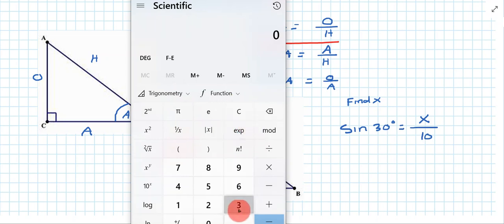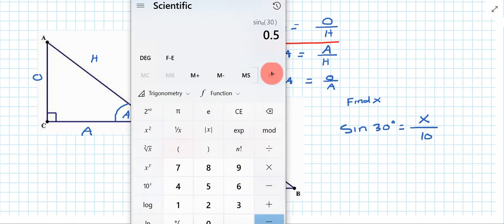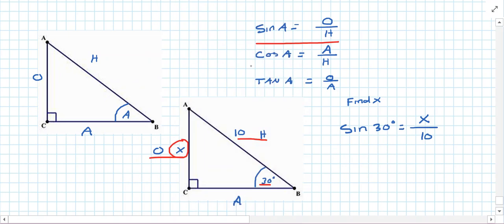So we get 30, and we get the sine of it, sine 30, and that's equal to 0.5. So what we have then is 0.5 is equal to x over 10.